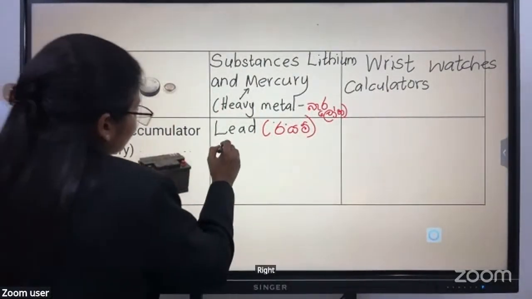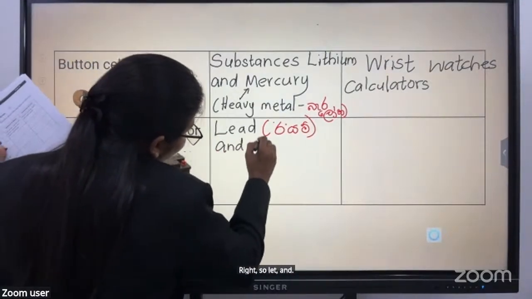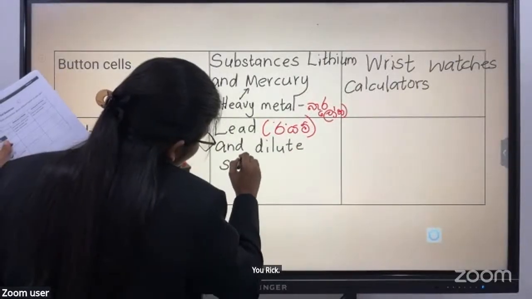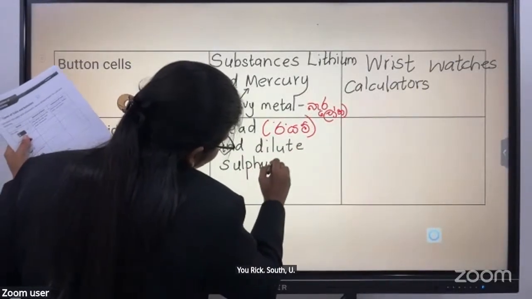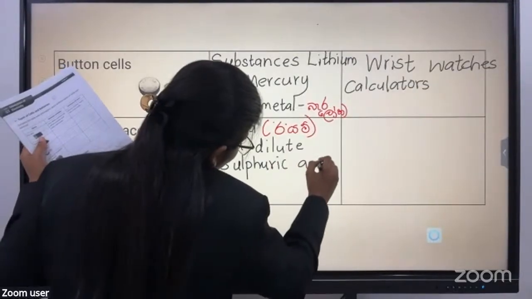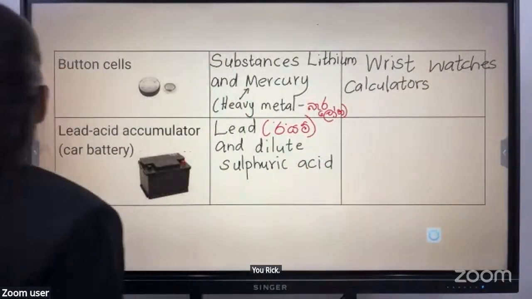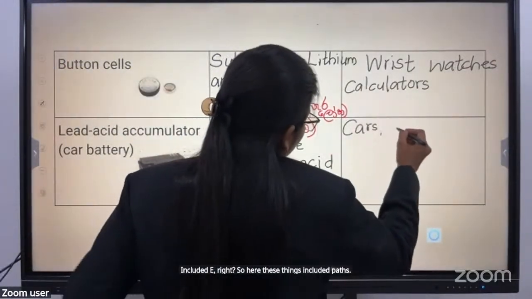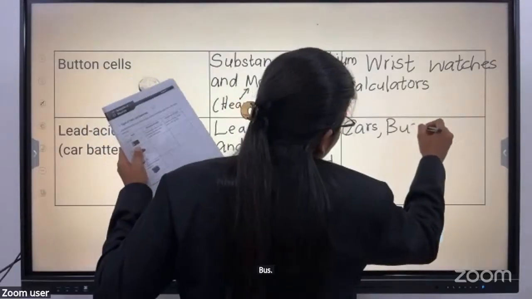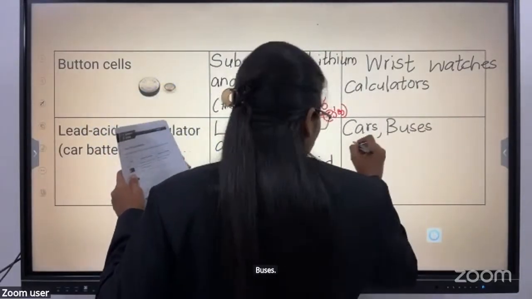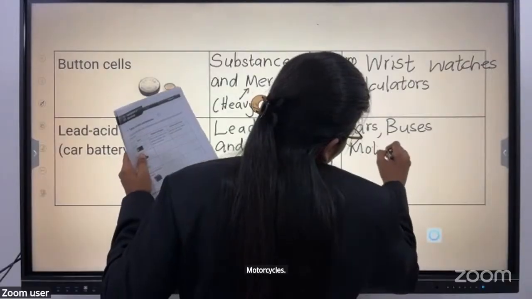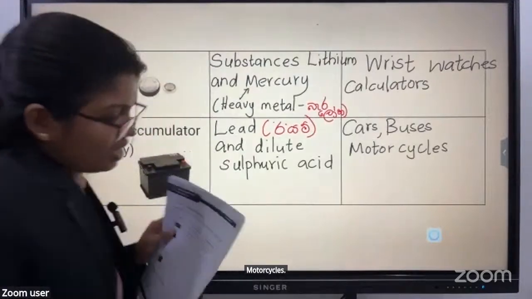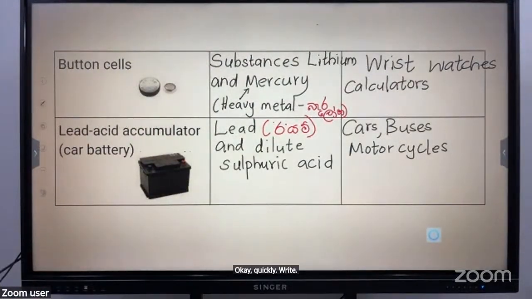So lead and dilute sulfuric acid are included. So here these things are included in cars, buses, motorcycles. Okay, quickly write down these things also.